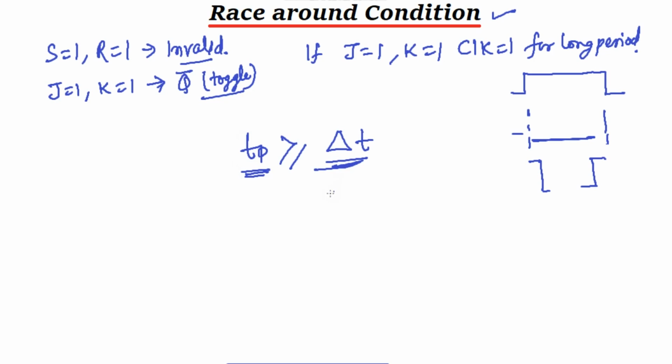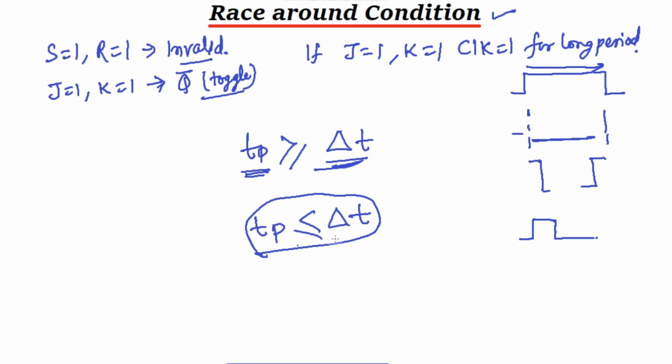So we have to make TP less than delta t, which means we have to reduce the clock pulse. Whatever clock pulse we had taken for long duration, we will take a small clock pulse, as dictated by this condition.